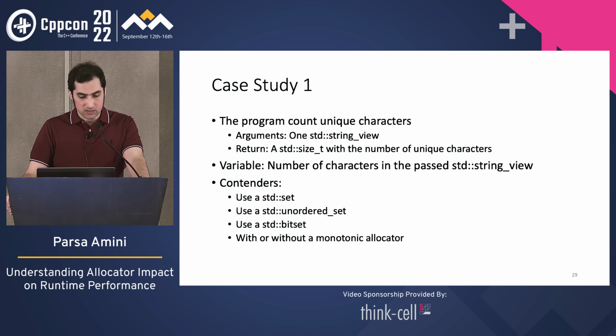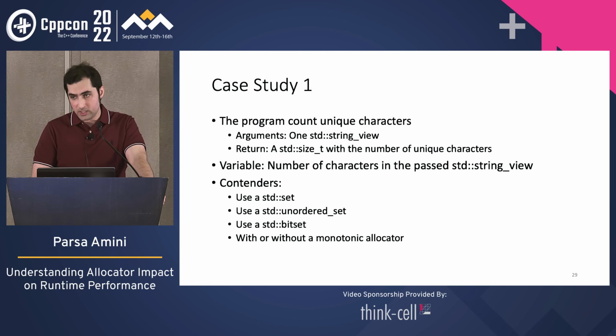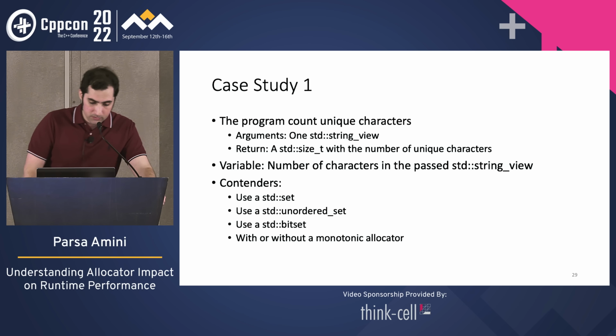We use one that uses a std::set, then std::set with a monotonic allocator, and the third one would be std::set with a monotonic allocator, but with a buffer. Oh, you forgot to update those last two. And we use these implementations with and without using a monotonic allocator.